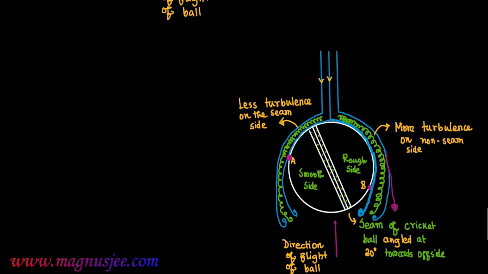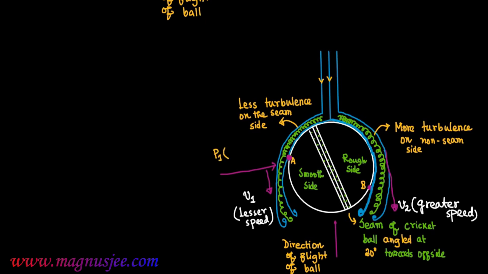On the non-seam side, for a strong turbulent boundary layer, air will be flowing with greater speed v2 in the opposite direction, and on the seam side, for the weak turbulent layer, air will be flowing with lesser speed v1.